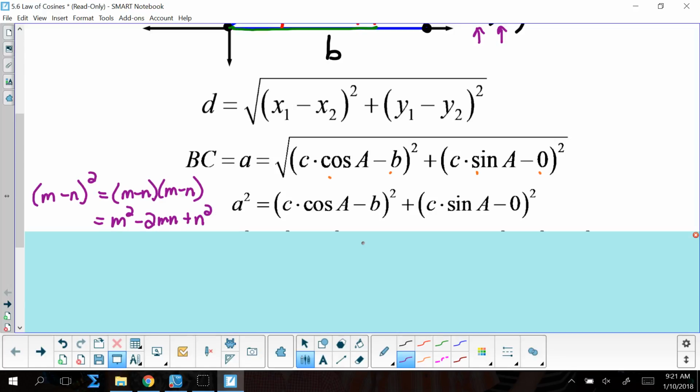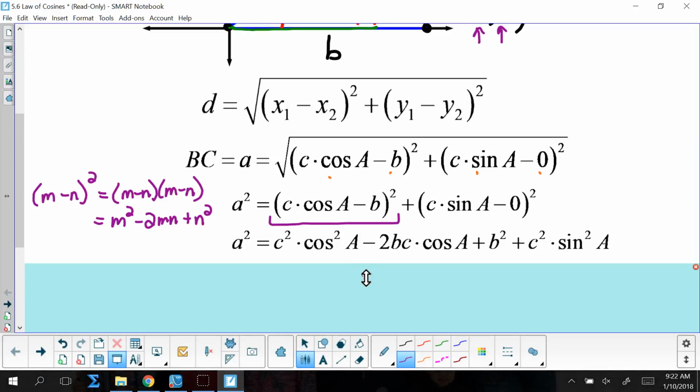So this first one, I'm going to square the first term, so c squared cosine squared of A, minus twice the product of those two, so minus 2bc cosine of A, plus b squared.